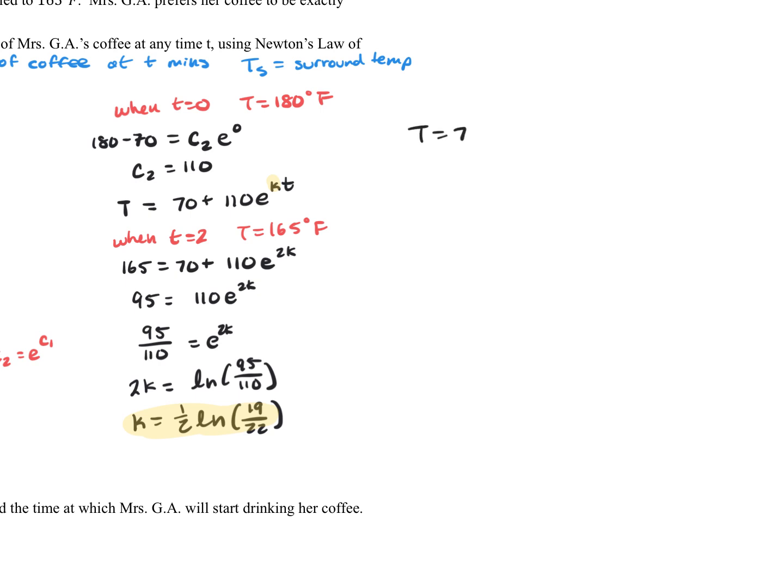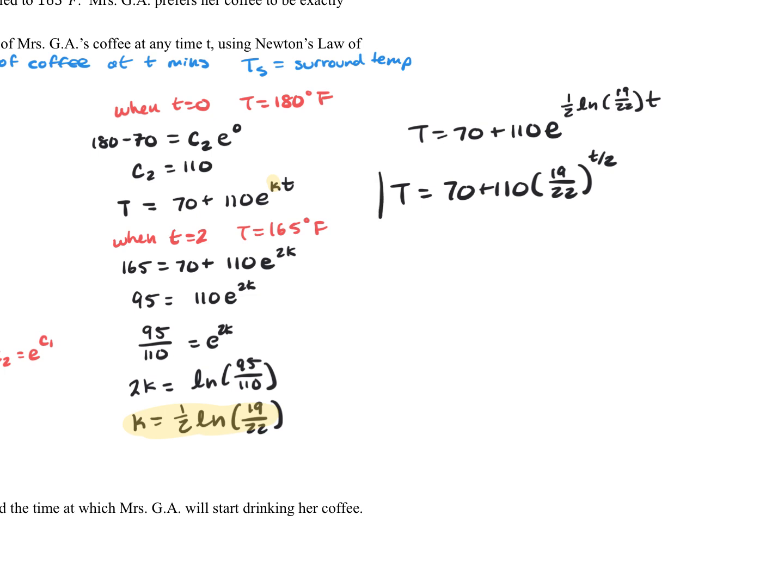So we have T equals 70 plus 110 times e to the power of 1/2 natural log of 19 over 22 times t. So we have two options here. One, we could just simplify without a calculator. We know e to the power of natural log of 19 over 22 just becomes 19 over 22, so we have 19 over 22 to the power of 1/2 t, so I'll say t over 2. And remember, you cannot multiply these two numbers because of order of operations.